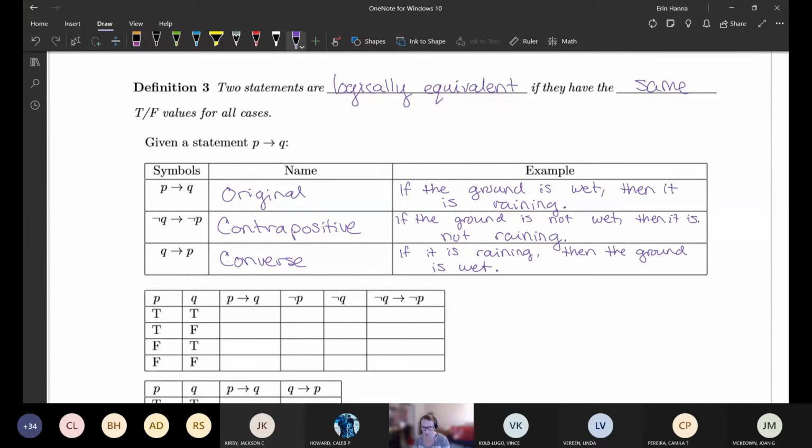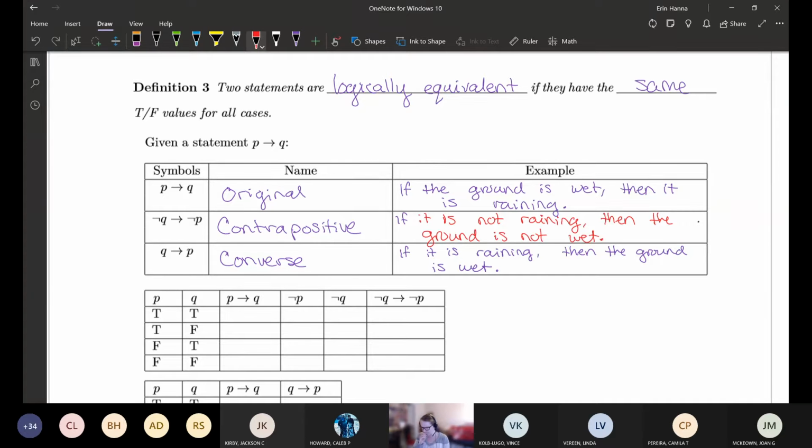Did I mess it up? Yep. I didn't switch it around, did I? Sorry about that. I negated them, but I didn't switch it around. So let me do that in red so you know that that's the part I screwed up. So if it is not raining, then the ground is not wet.